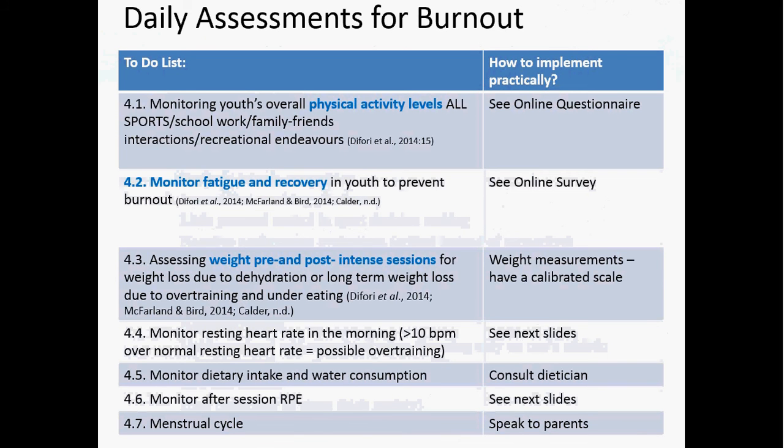Okay, daily assessment for burnout. I've already told you about the physical activity questionnaire. So you want to know, out of a day, what type of activities is this person doing? Monitor fatigue and recovery.